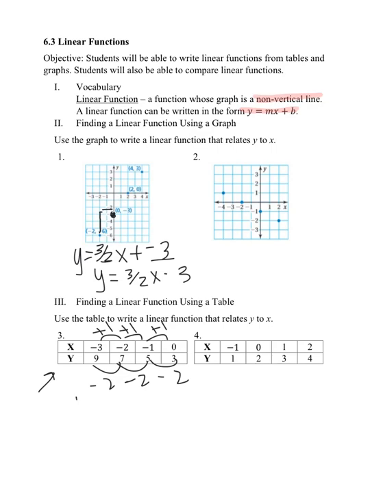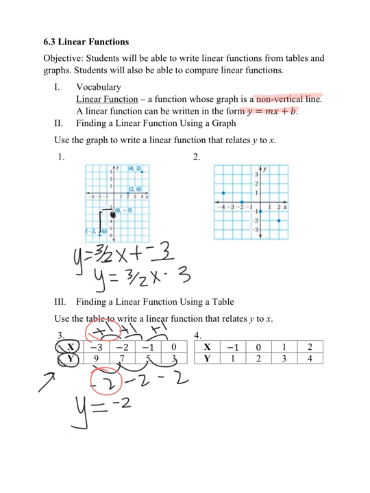So again, it's going to be y equals. Remember, your slope is your change in y over your change in x. Here our change in y is consistently -2, and our change in x is +1. So your slope is -2 over 1, which is just -2.